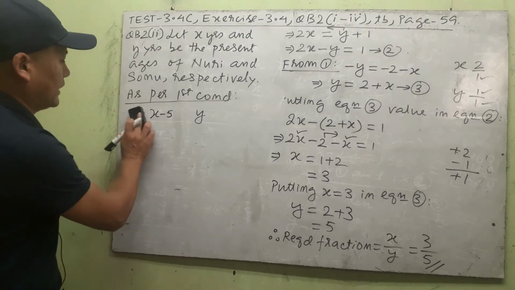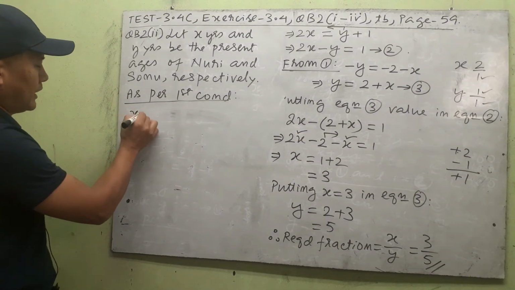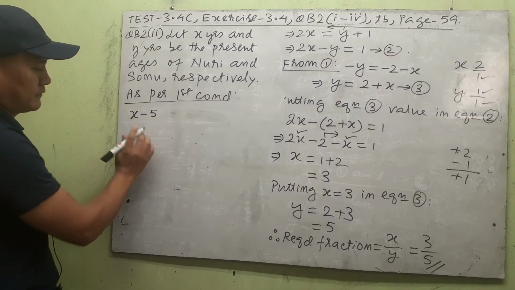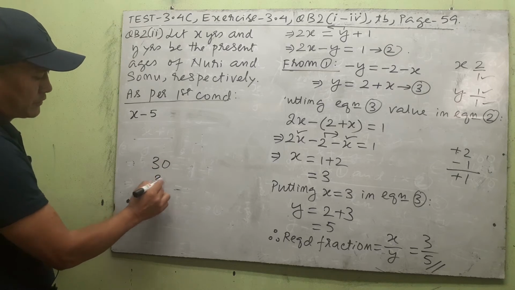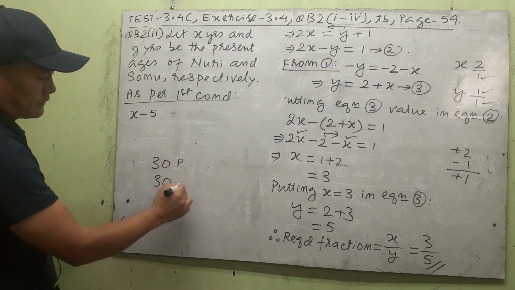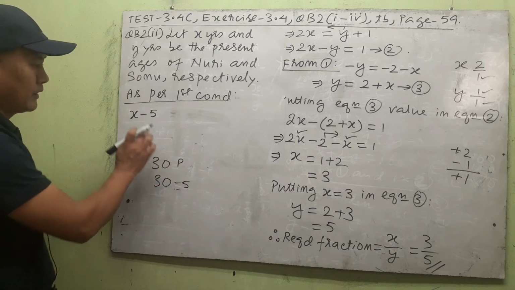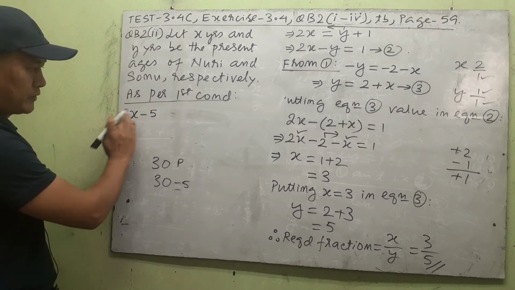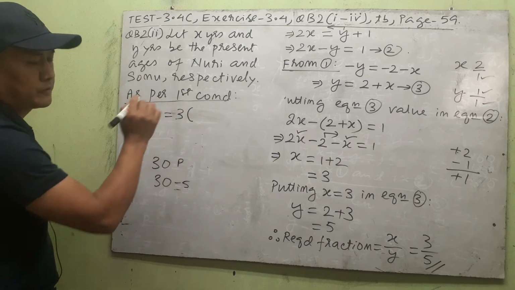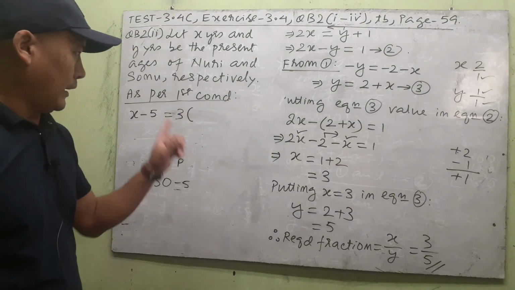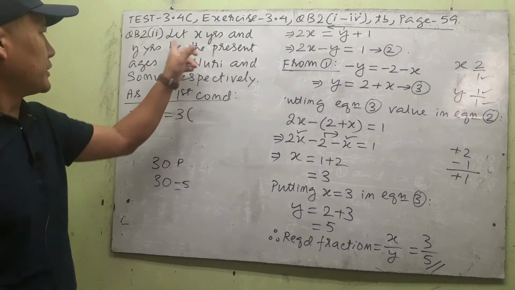Right, Nuri is x now, so his age 5 years ago means minus 5. If a person is 30 years now, 5 years ago his age will be 30 minus 5, present age minus 5. The age of Nuri 5 years ago is equal to 3 times, so 3 into the age of Sonu, the second person, y.